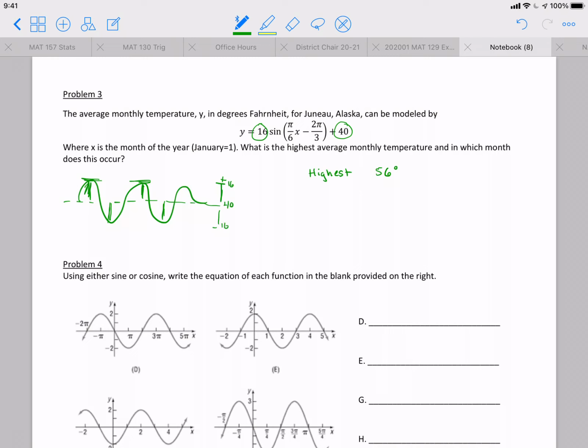It's a little bit ugly, but it's doable, right? Because I could say 56 equals 16 sine of pi over 6 x minus 2 pi over 3 plus 40, right? So I could subtract 40. So what's that? 16 equals 16 sine of all that. And you divide by 16, so you get 1.